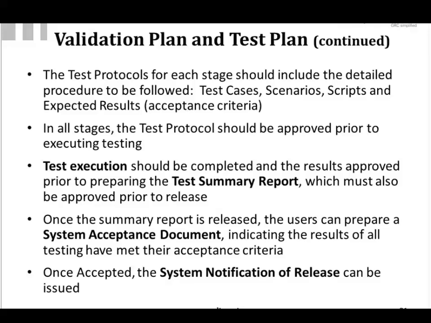This says that everything based on testing has met acceptance criteria and the users accept the functionality as it is. Once the users accept the functionality, the IT organization or whoever is the steward of the system will issue a system notification of release. And this is saying to the users, the system is now in a production environment and you can use it.